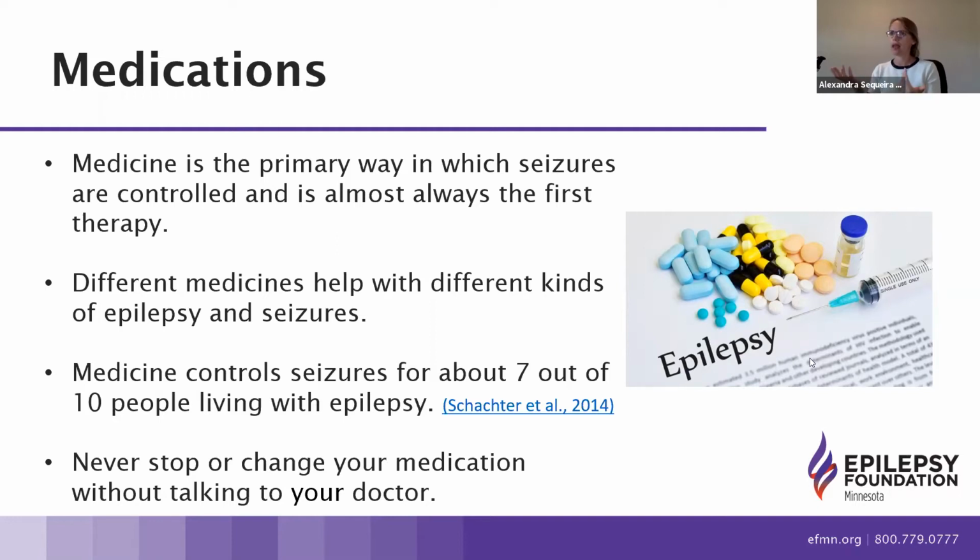And then the other type in general is generalized epilepsy, where both hemispheres are involved at seizure onset. Some seizure medications are what we refer to as broad spectrum anti-seizure medications, which means they're good for all different types of seizures. And some are really best for focal onset epilepsy.